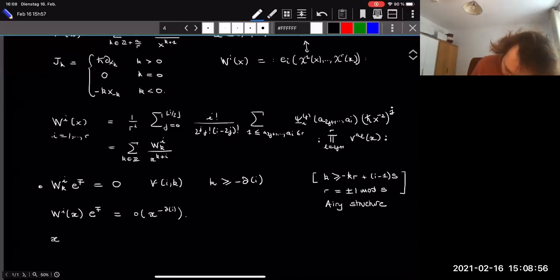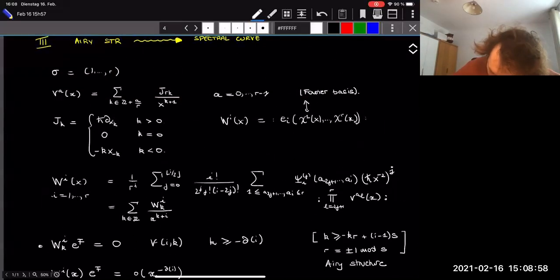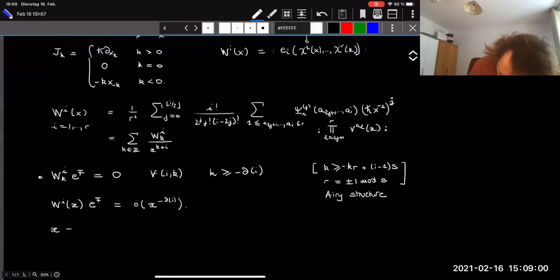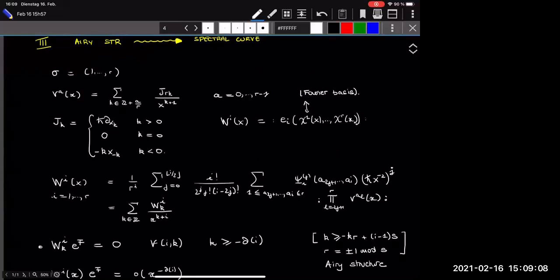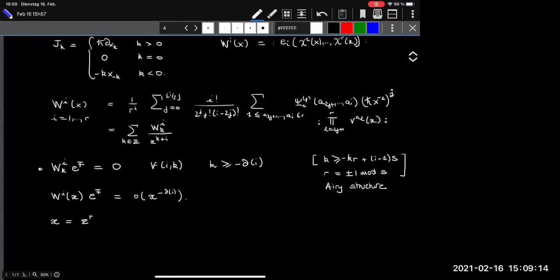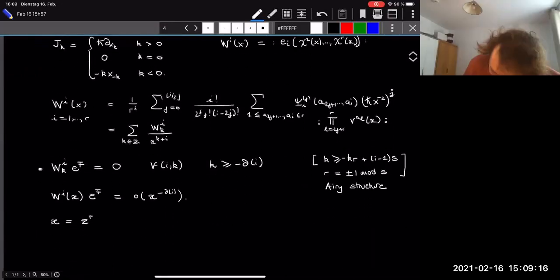And since I had these fractional powers that I don't like too much, I'm going very quickly to shift to the z variable. So x is z to the R. So it means that this is a big O of z to the minus R d_i.